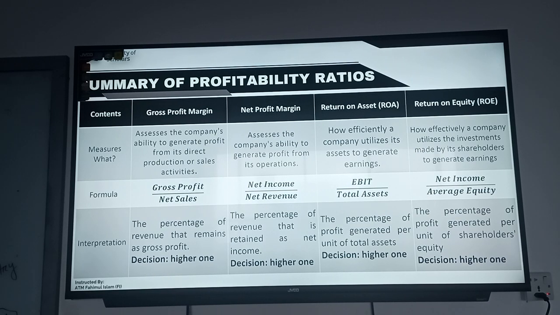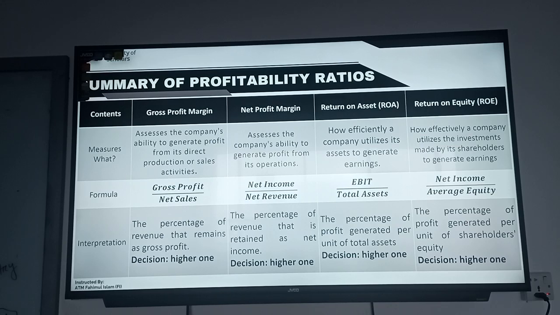We call it net income or net profit before interest and taxes. In the net profit margin, we deducted all the operating expenses, taxes, and interest, but in return on asset, we will not deduct the interest and taxes. We will take the net income before interest and taxes.